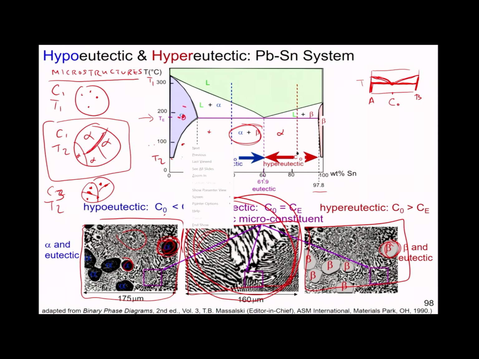If you draw your tie line, this is alpha, this is beta over here. If you take your weight fraction of beta, that's going to be this little section divided by the entire length. So how much beta are you really going to have? You're going to have little specks of it, right? So that's how you can think of it.